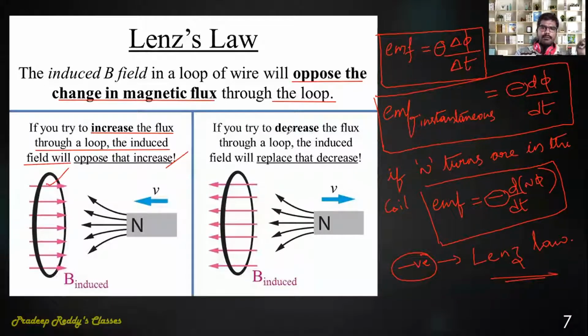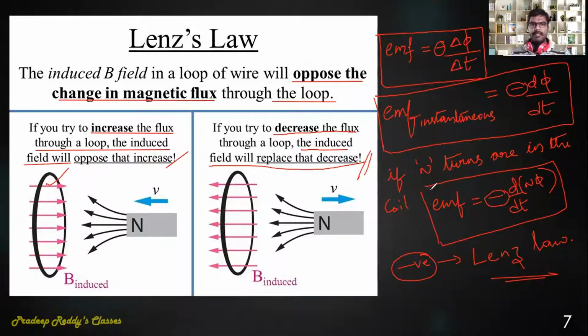Likewise, if you try to decrease the flux, in the sense you are moving the magnet away, the EMF induced within this coil should oppose that. So as a result, the induced field will replace that decrease.